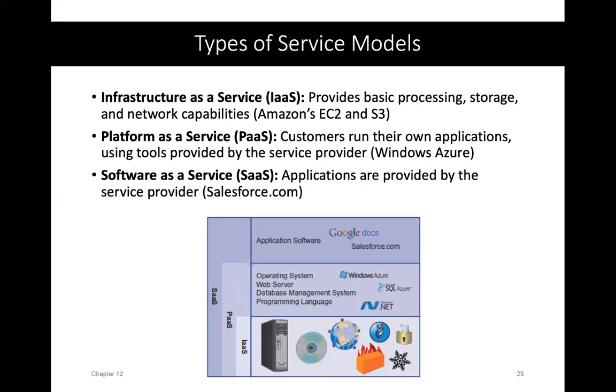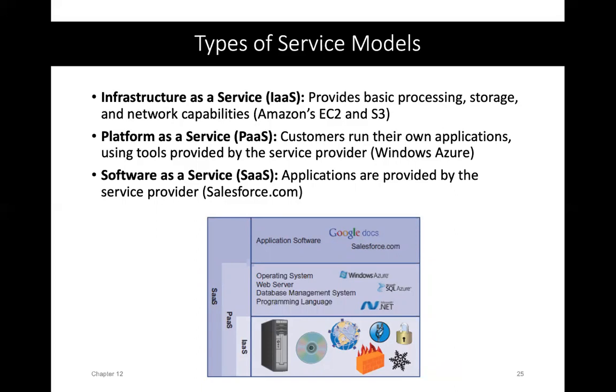Okay. There are three different types of cloud computing service models that you've probably heard about. We have infrastructure as a service, platform as a service, and software as a service. So infrastructure as a service, IaaS, you're going to get the basic processing, the storage and network capabilities. So that's the very basic, the foundation of everything. On top of that, you'll get platform as a service.